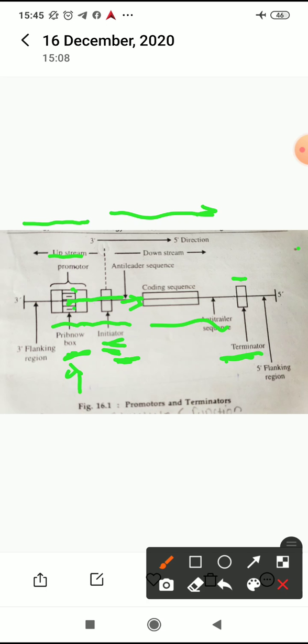In this way, the terminator acts as a stop signal during protein synthesis. Thus, the promoter, initiator, terminator, and coding regions of the gene coordinately work together for a specific function.